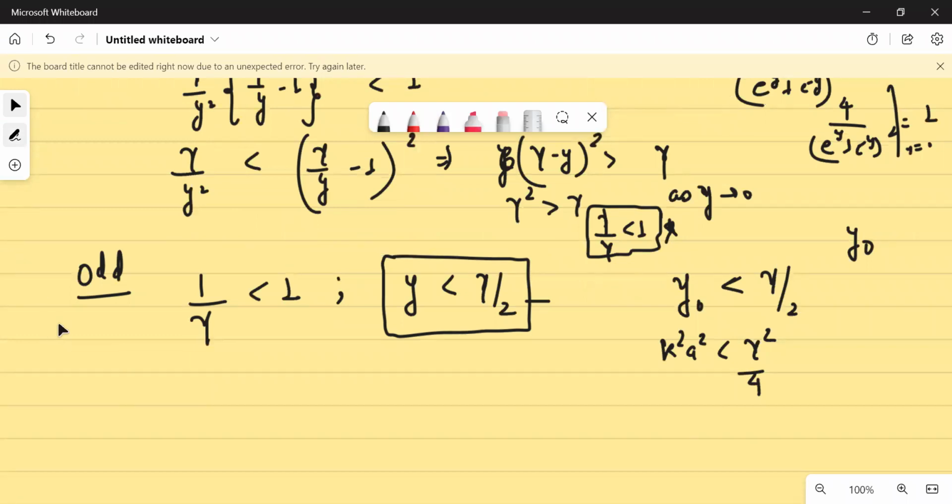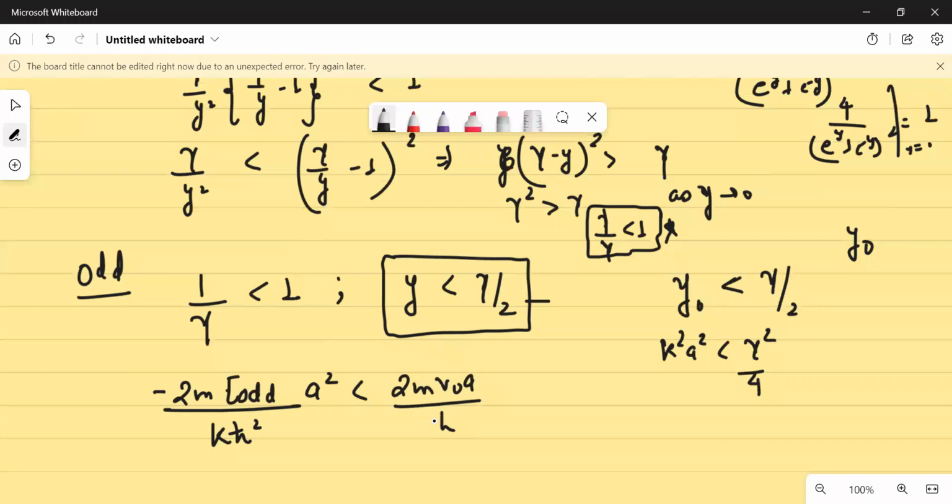Yes, k squared, we took this. And now this k squared is not even, this is now odd. So now I will write minus 2mV odd upon h-bar squared into a squared should be less than gamma, and gamma was 2mV naught a upon h-bar squared, whole squared. And then there is 1 over 4 also.